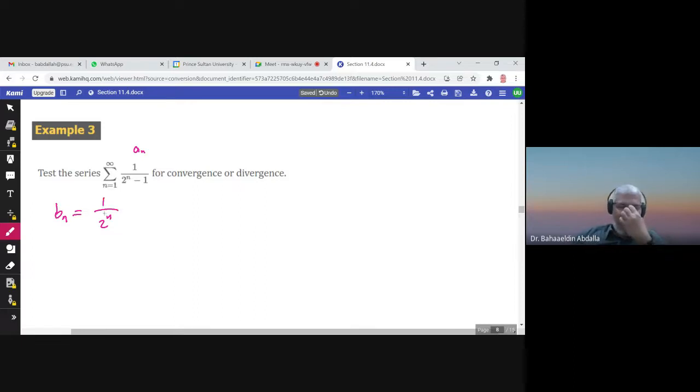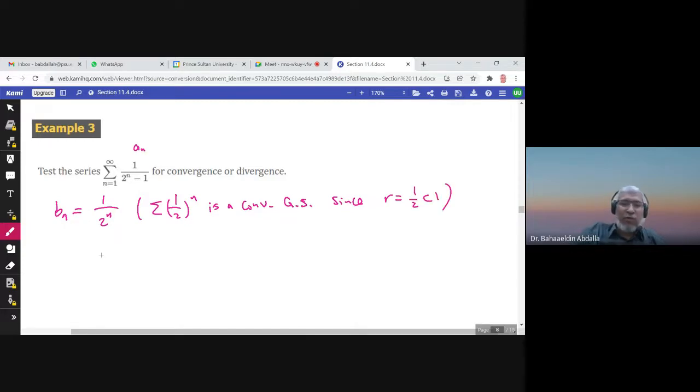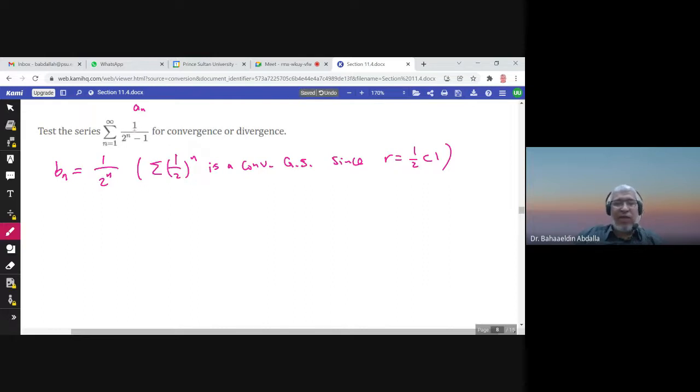We know that the summation of b_n, 1 over 2 to the power n, is a convergent geometric series since r is 1 over 2, less than 1. And I cannot show that a_n is less than b_n using the direct comparison test.